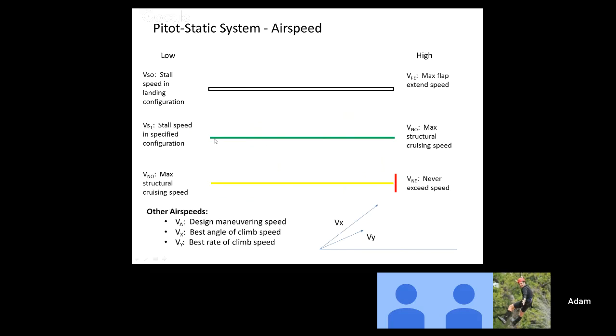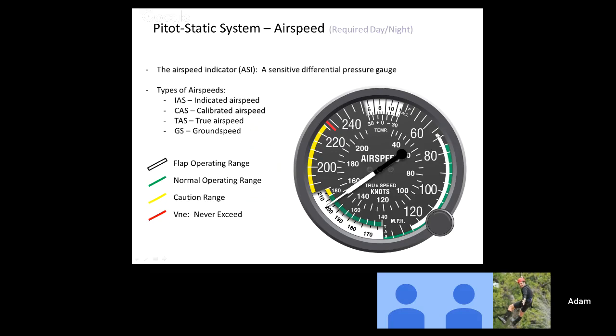So when we go back to the airspeed indicator, you can see my minimum on the white arc here of, call it, 67 miles per hour is my VS0, which is stall speed in landing configuration, and green is my stall speed in a non-landing or a clean configuration. And of course, the principle here is the fact that as you extend your flaps, your stall speed goes down. Generate more lift, your stall speed goes down.